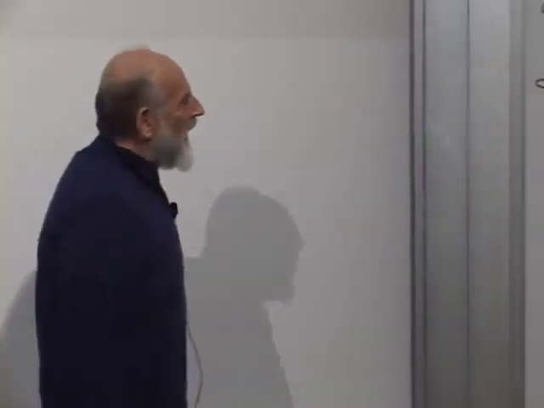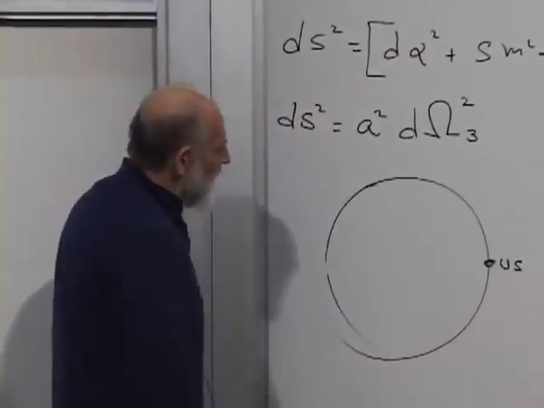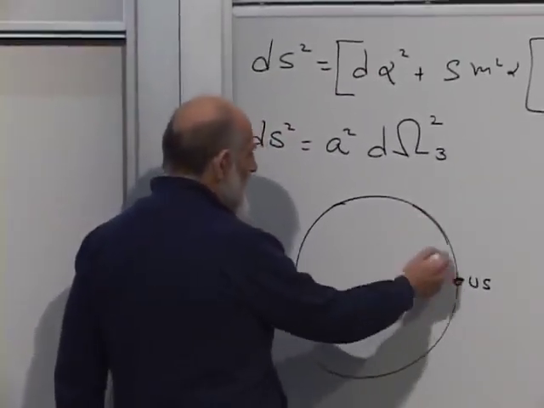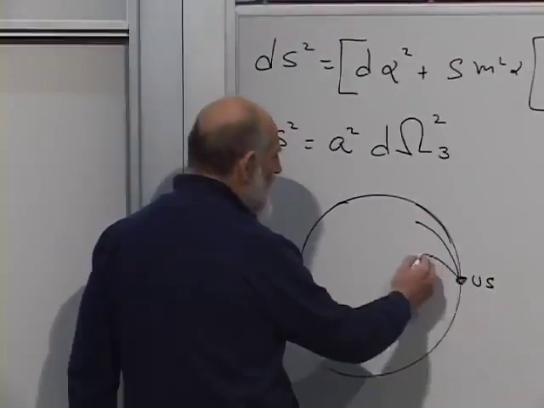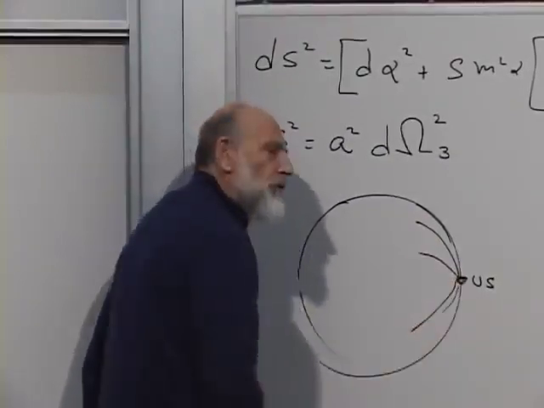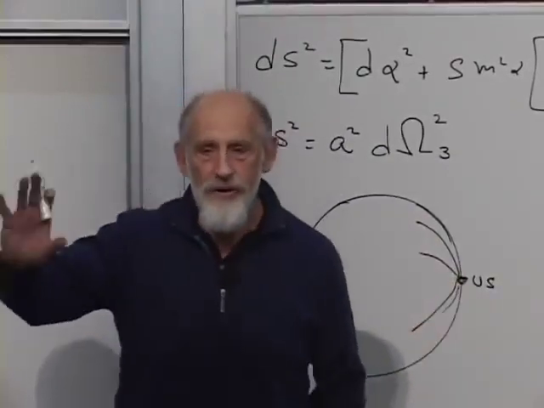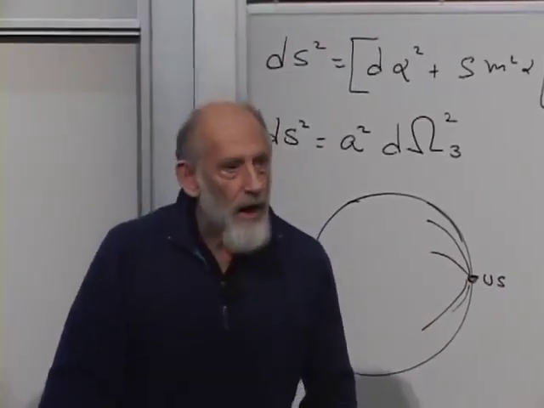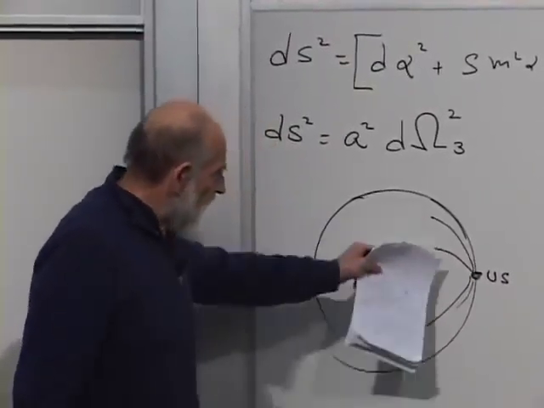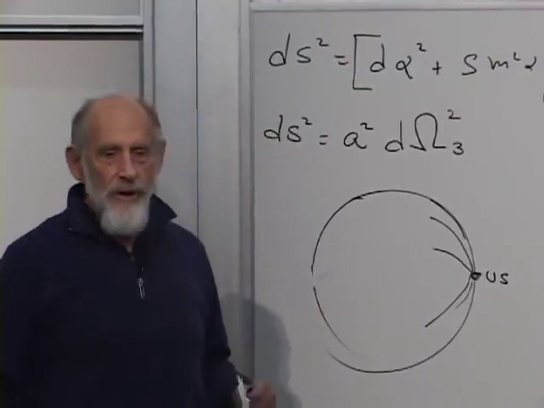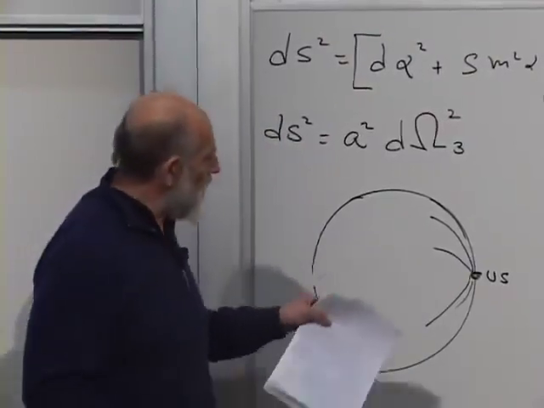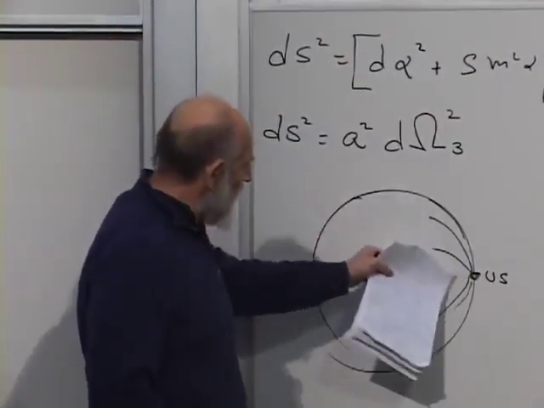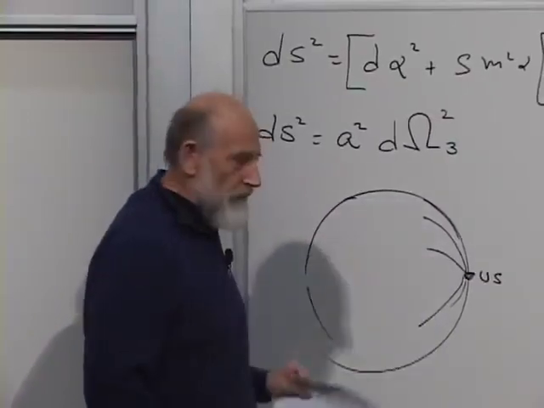Okay, we're over here. And that means that alpha, which measures angle away from us, can be sort of thought of as a radial distance away from us on the unit sphere. It's not the radial distance measured in kilometers or any other units, but it's a dimensionless measure on the unit sphere.